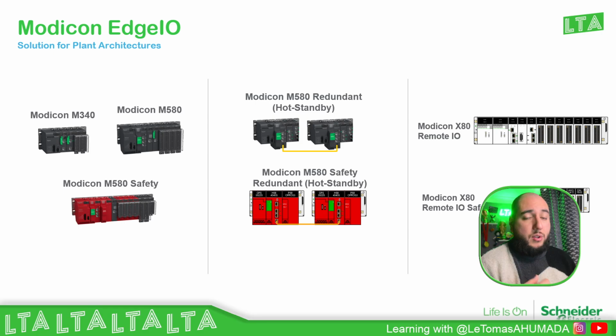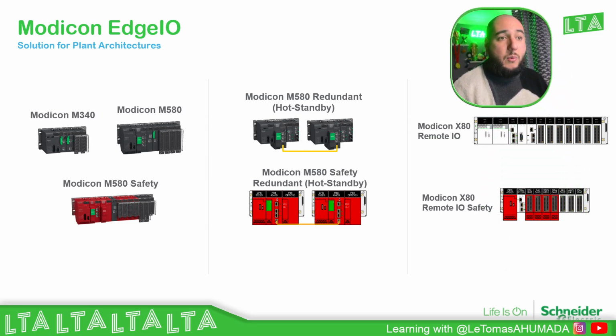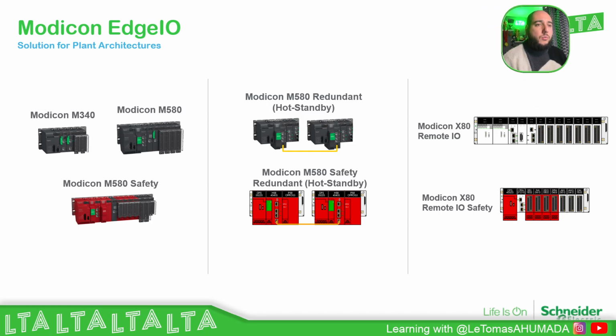Then we have the possibility to have redundant PLCs, redundant PAC, with the M580 and M580 Safety and the whole standby solution. And then for IOs, we have the X80, which is the Modicon X80 range for the IOs. And also we have the safety ones that you can see here, the one in red. Okay, so those are the offers that we have for the PAC solution in Schneider Electric.